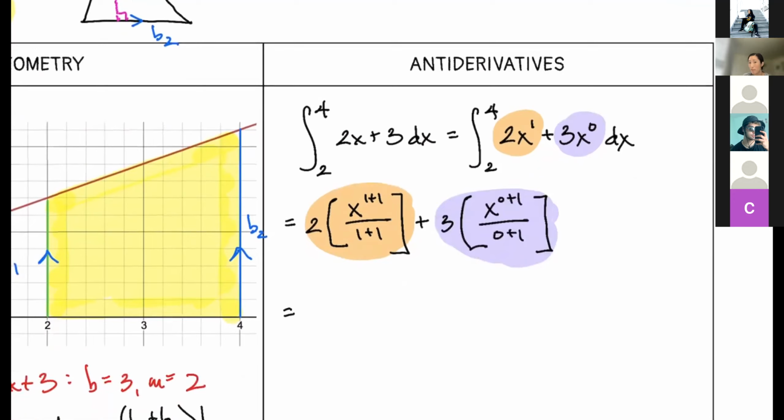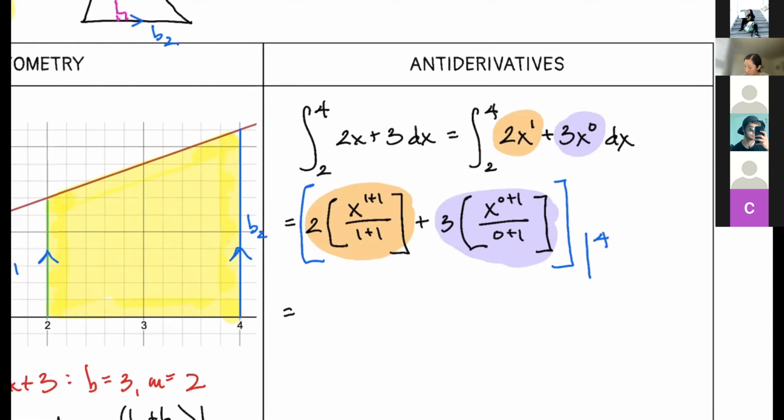And there's one more thing I'm going to do before I move on to the next line. I'm going to write this part in blue just so that we can see it better. Okay. I'm going to put brackets around the whole thing. Then I'm going to draw a little line at the bottom right corner of this last bracket. And at the top of this line, I'm going to put the top number from my integral, which is 4.